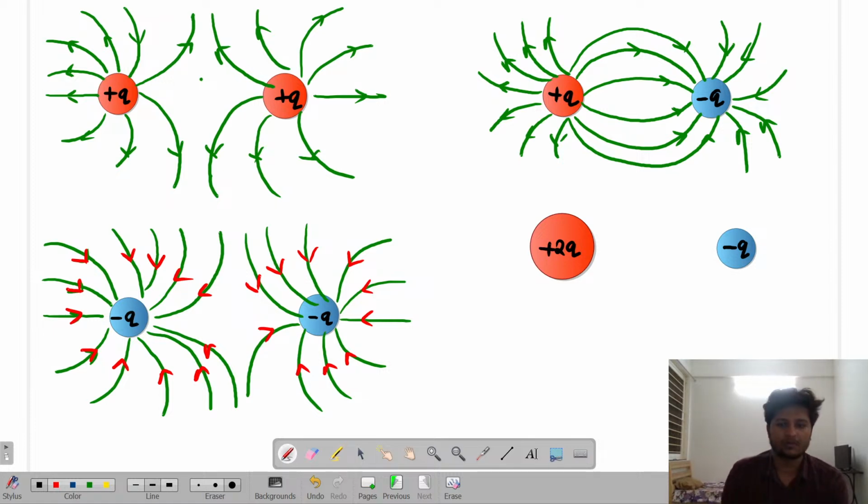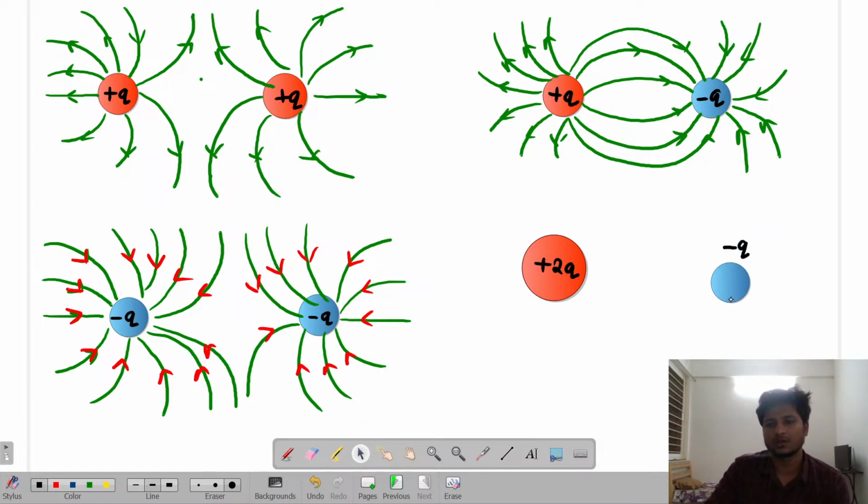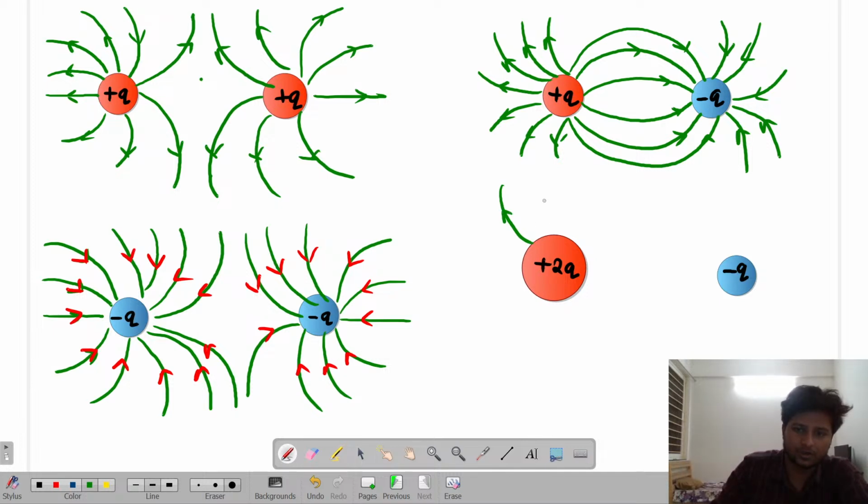What do you think will happen? Think what kind of diagram there will be if one charge is plus 2q and another charge is just minus q. You will see that there are more field lines for plus 2q. Right or not?